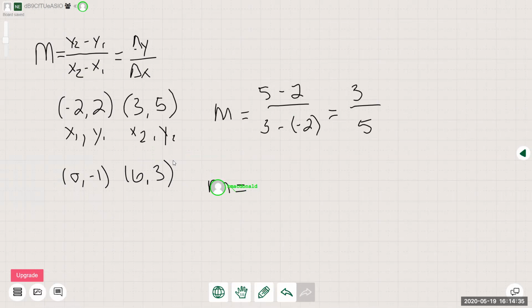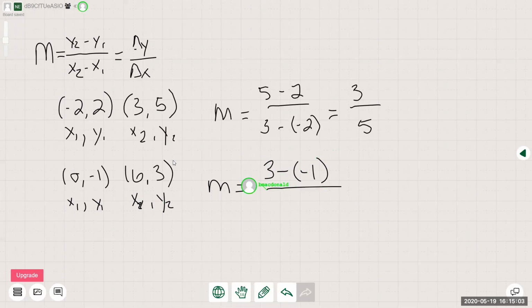So let's look at this one. We'll go ahead and label our ordered pairs with the correct variables. So x1, y1, and x2, y2. So on top we have y2 minus y1. So that's going to be 3 minus -1. And on the bottom we have x2 minus x1, which is going to be 6 minus 0.